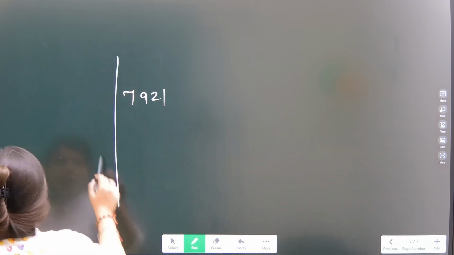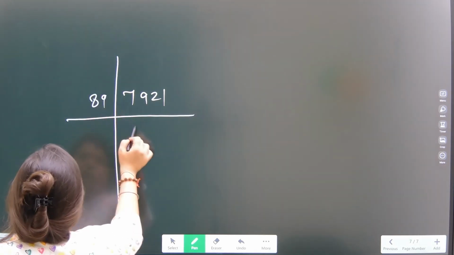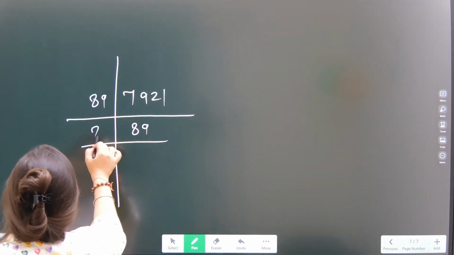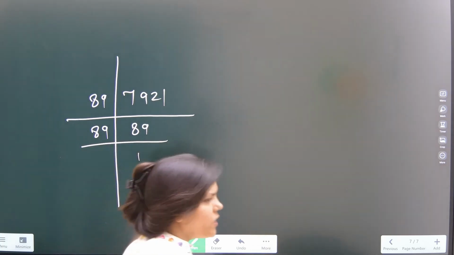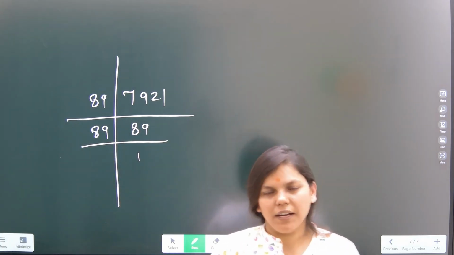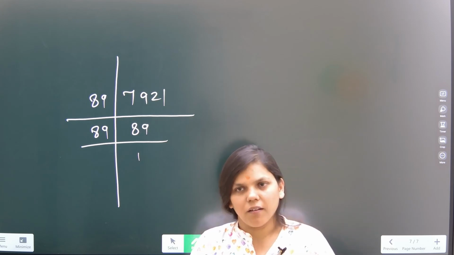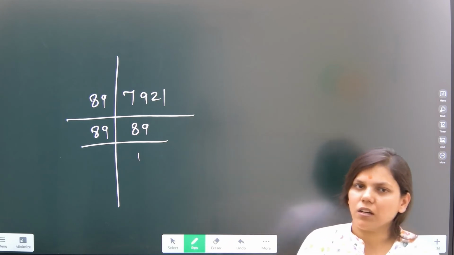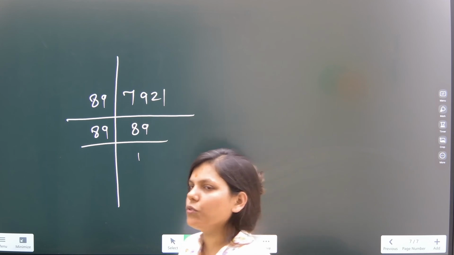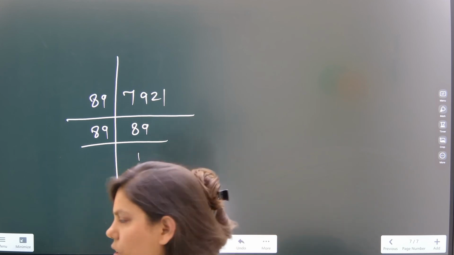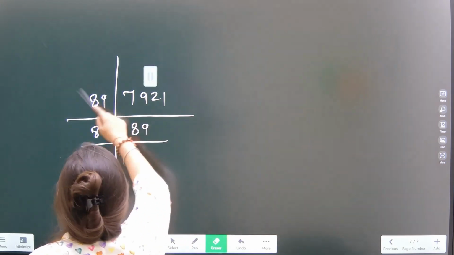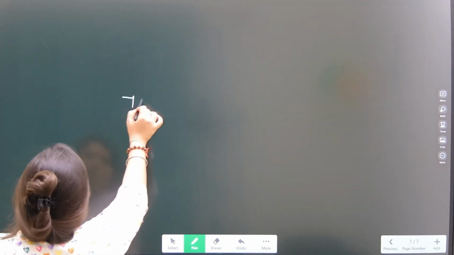Because straight away 79 is divisible by only 89. There is no number less than 89 which can completely divide this number. So here, in such cases, I am stuck. So for that, I need to use the method of long division. Long division will be giving me the answer within few seconds.